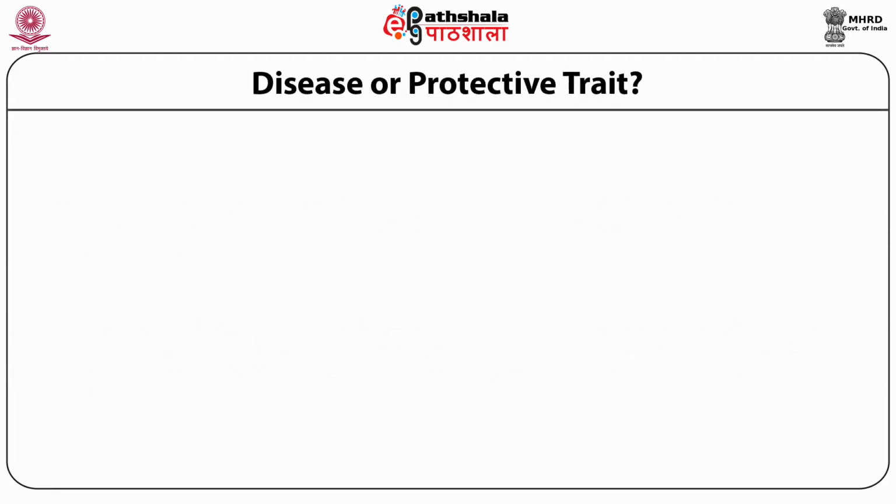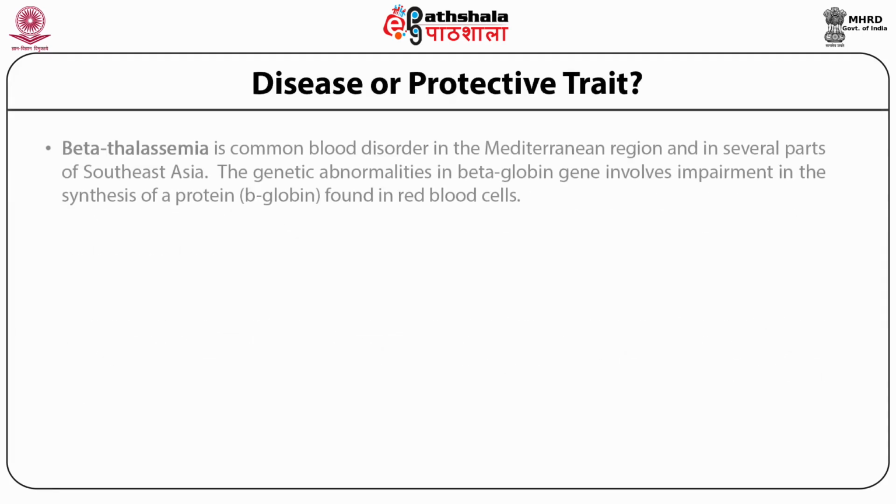Now we have the example of beta thalassemia, a common blood disorder in the Mediterranean region and in several parts of Southeast Asia. The genetic abnormalities in the beta globin gene cause disruption in the synthesis of beta globin protein, which is found in RBCs. Carriers who have only one mutated allele are expected to have mild anemia that does not cause any serious health problems.